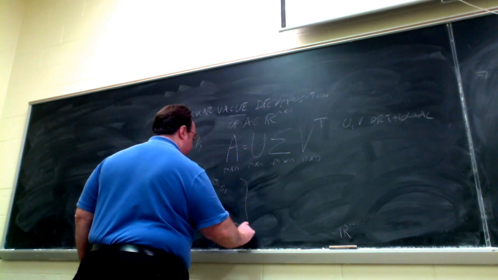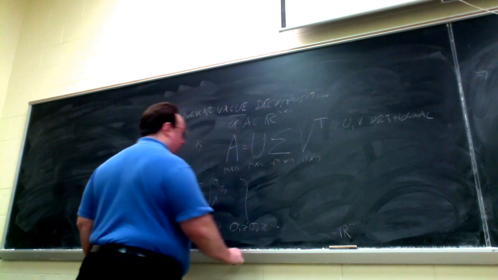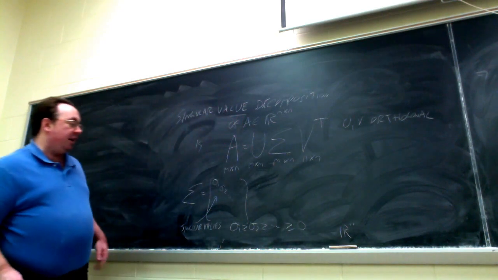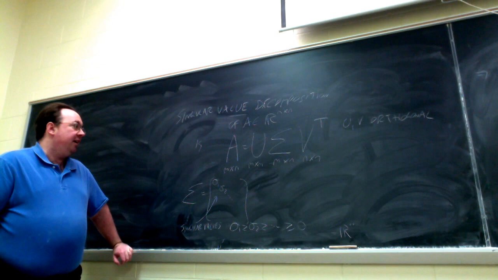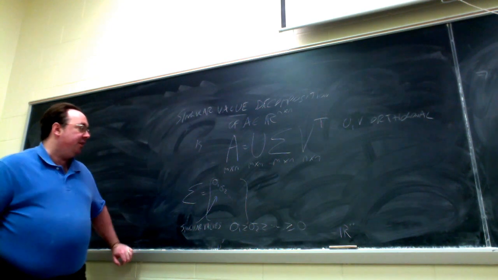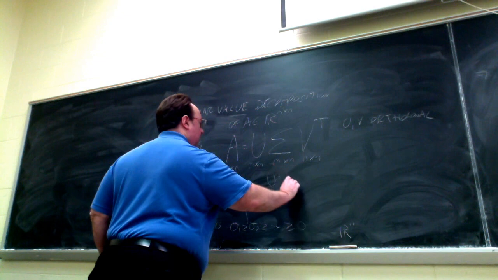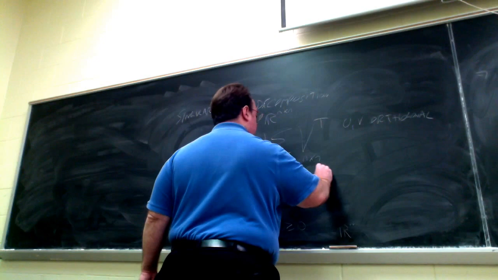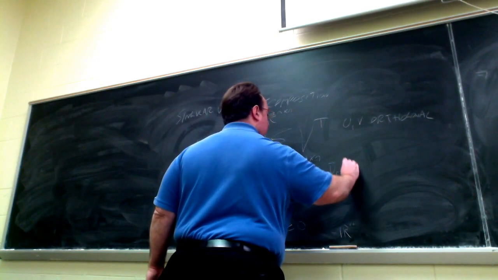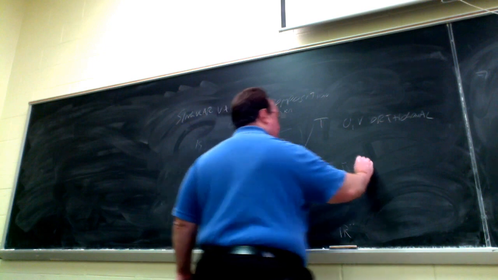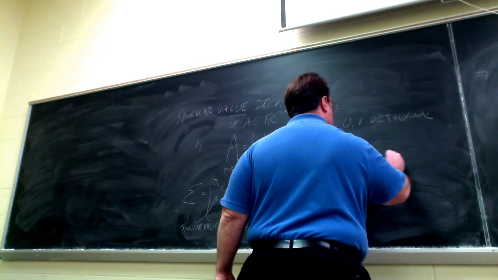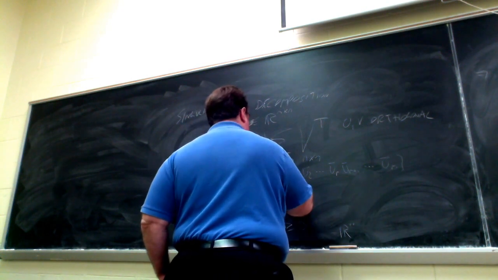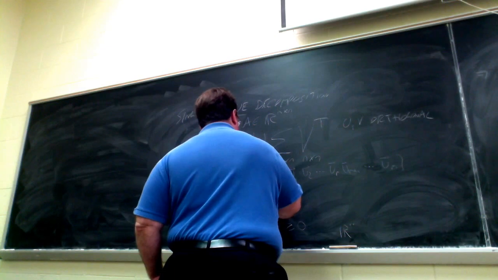So sigma 1 is greater than or equal to sigma 2, and so forth. It's a non-increasing sequence, and they all have to be non-negative. And then the columns of U are called the left singular vectors.